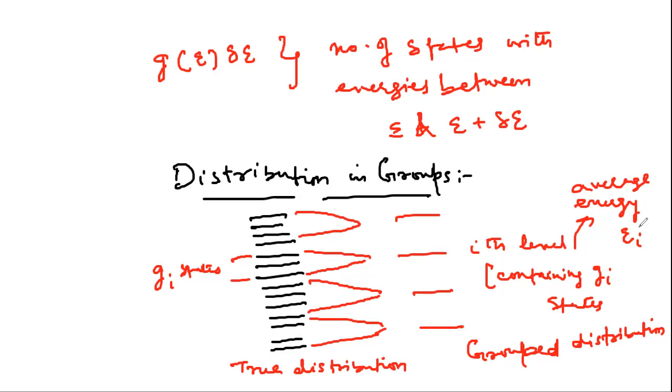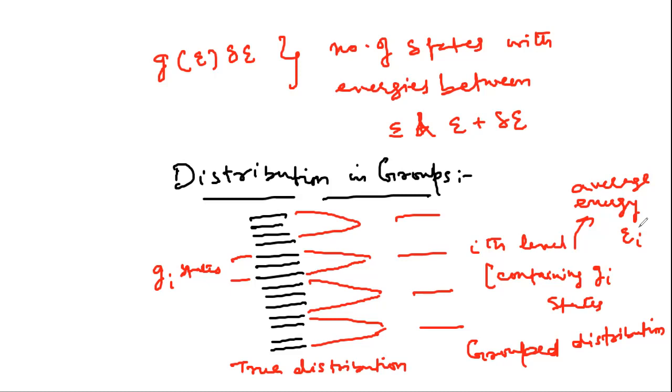Only one thing we need to take into consideration is that in grouped distribution and true distribution, the number of states must remain the same. Otherwise, this grouping is arbitrary, right?